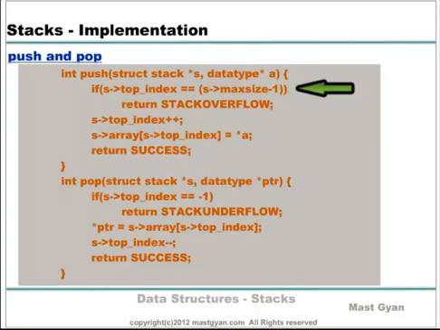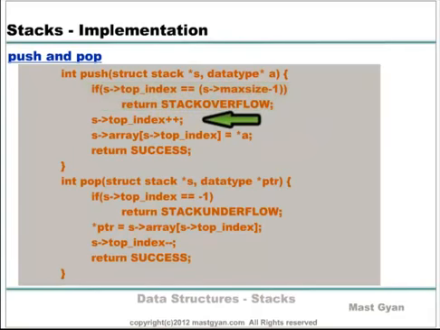Since the array index in C starts from 0, the maximum value of the index in the array is max size -1. So if the top of the stack resides in max size -1 index, that means the stack is full and it will lead to stack overflow. This if statement will take care of the stack overflow.